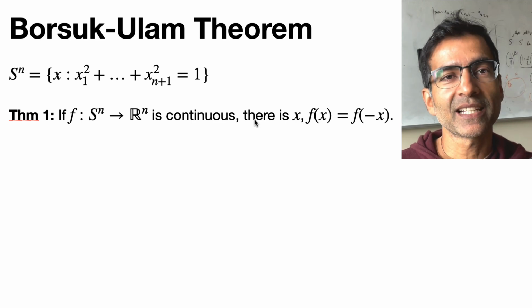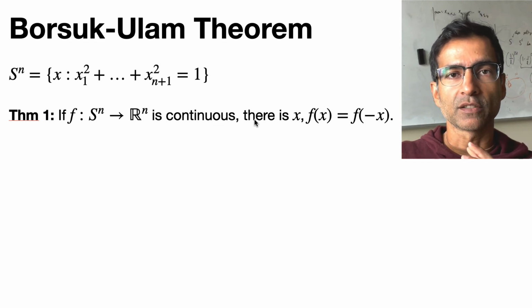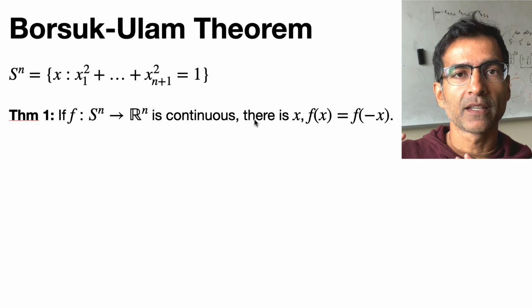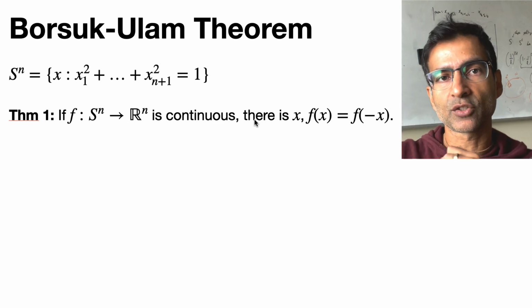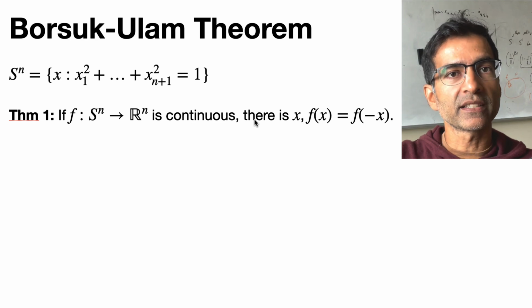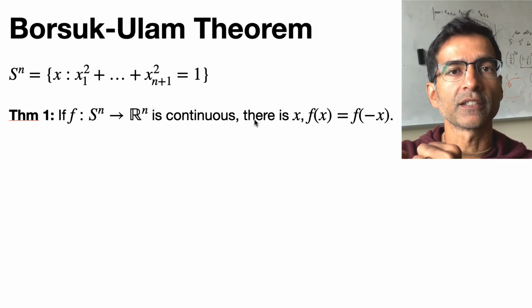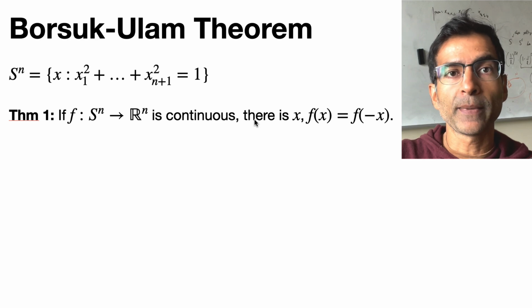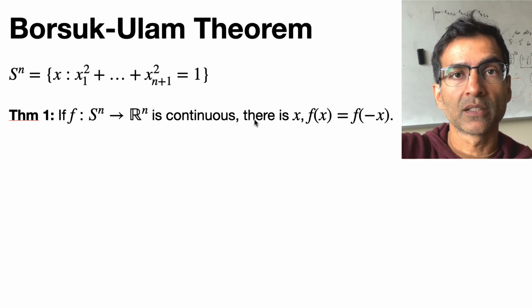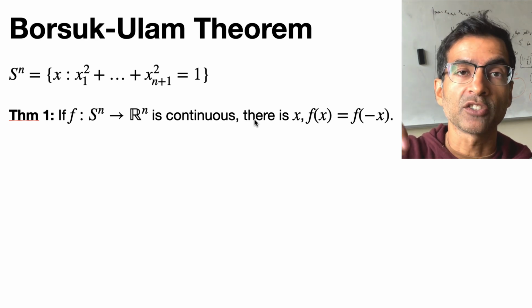For example, what it says is that if you have a rubber ball, and you take this rubber ball and twist it, stretch it, fold it, do any kind of manipulation of that type, and then flatten it onto the ground, then no matter what you do, there will always be 2 points that were antipodal on the ball initially that now lie on top of each other.